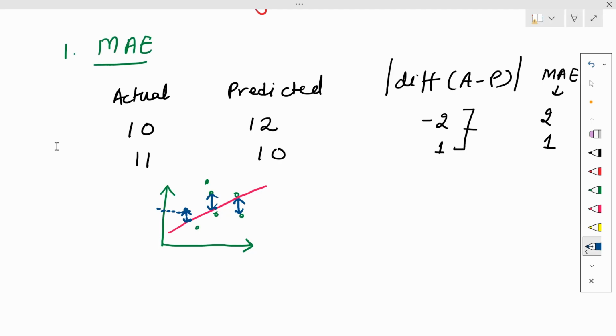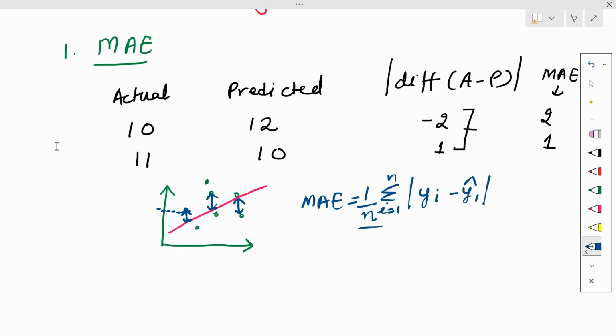So the formula for MAE will be the modulus of yi minus yi hat. This will be for one data point, but we want this for all the data points. So we will do a summation from 1 to n and divide everything by n to take an average.